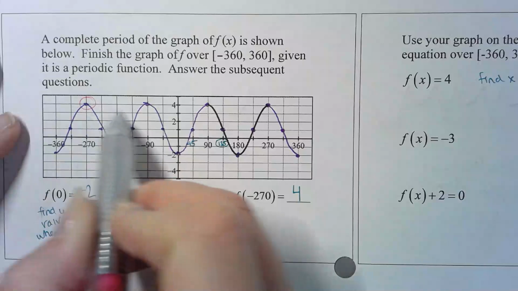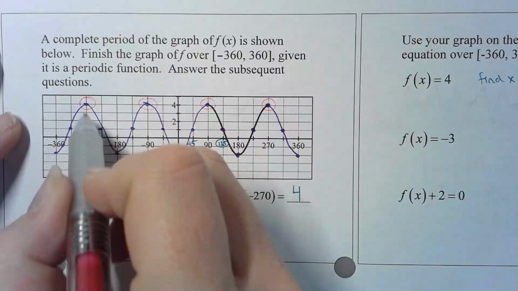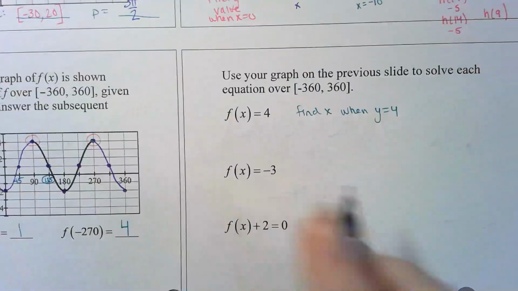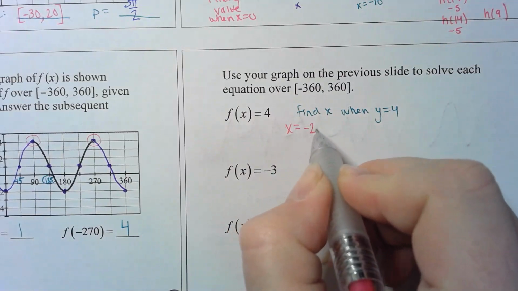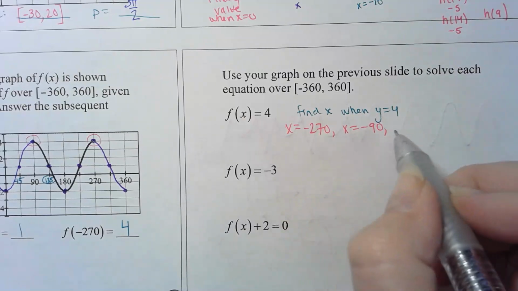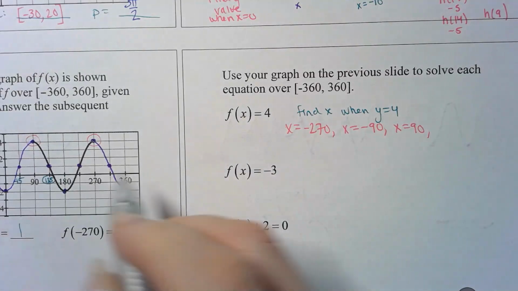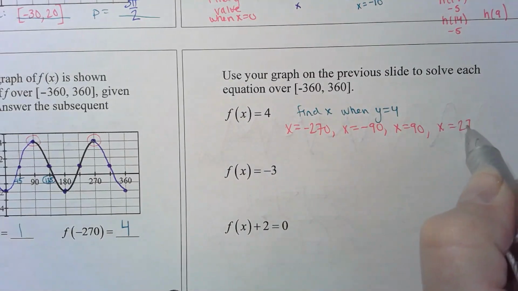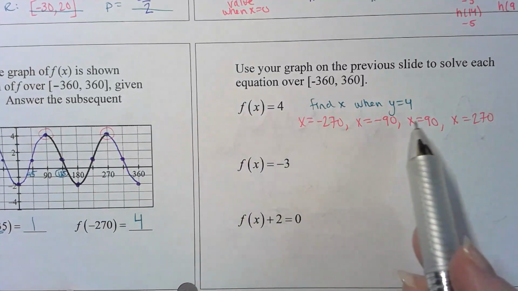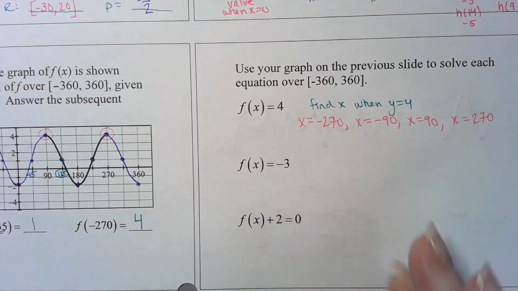The y value is 4 here, and here, and here, and here. So that's going to happen at negative 270, negative 90. So let's go write that down. So x equals negative 270, x equals negative 90, x equals 90, and x equals 270. So in this interval, there are 4 different x values whose y-coordinate is 4.